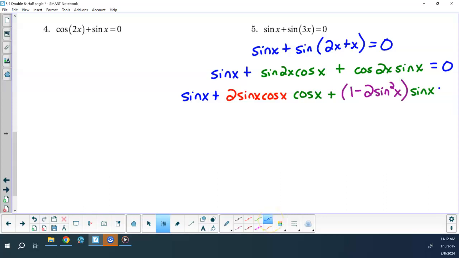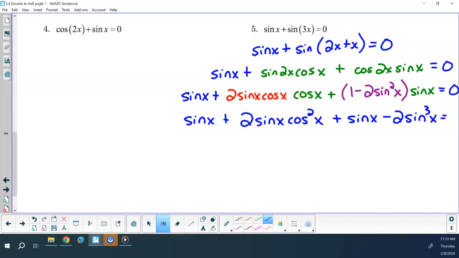And that's still all equal to 0. Clean it up a little bit, right? Okay. So if I clean this up a little bit, then I've got sine of x plus 2 sine of x cosine squared of x plus sine of x minus 2 sine cubed of x.